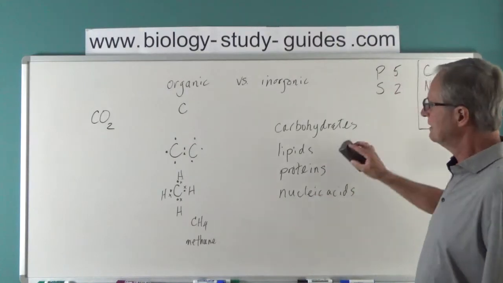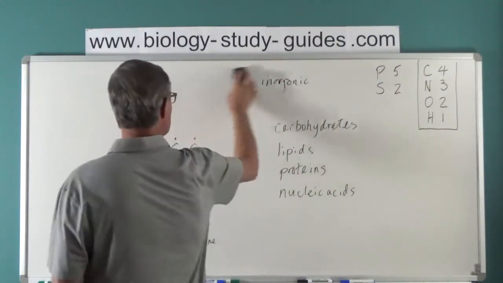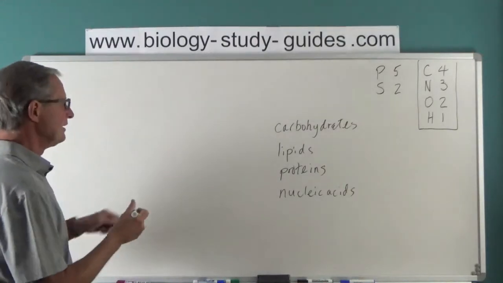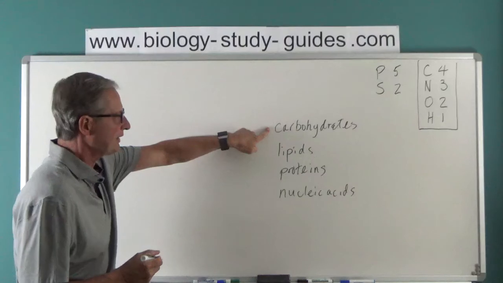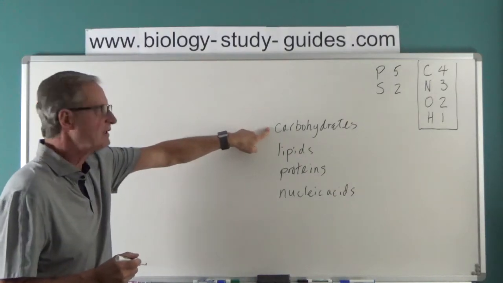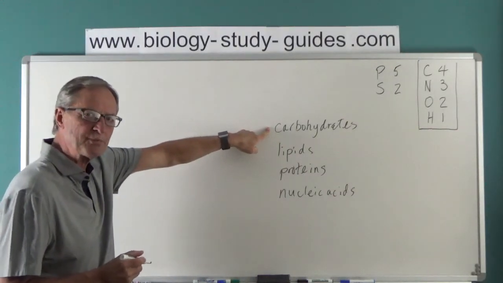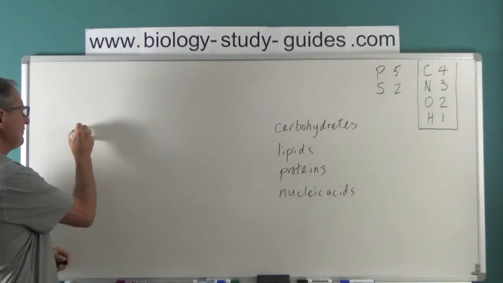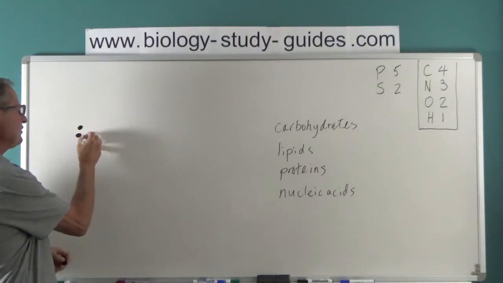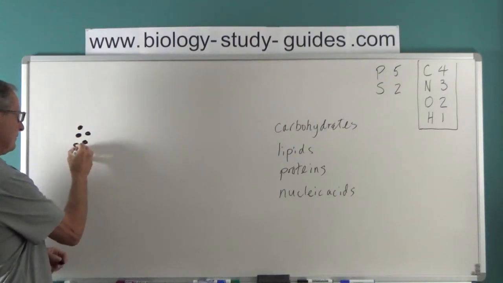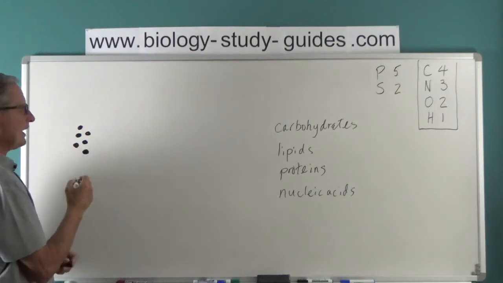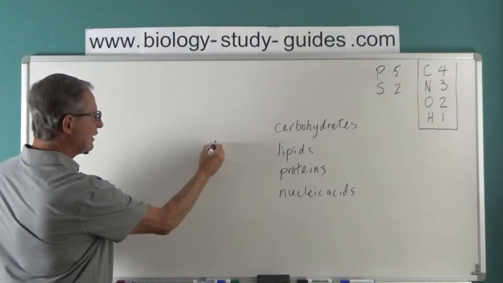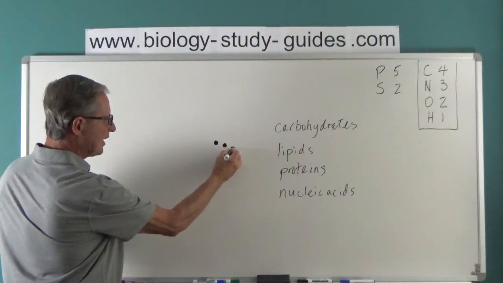So I'm going to take this space here and tell you that carbohydrates are typically made out of smaller pieces. If these are smaller molecules, and we combine them together, we can wind up with a bigger molecule.